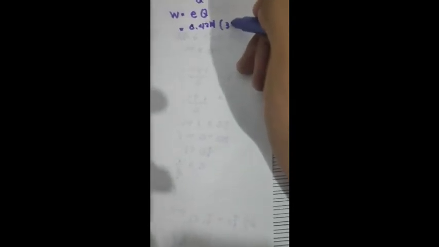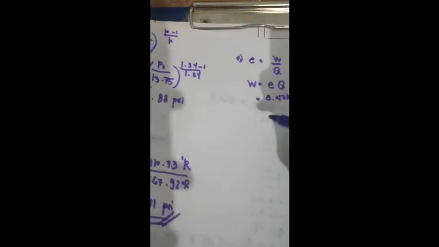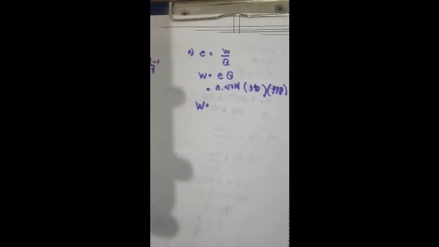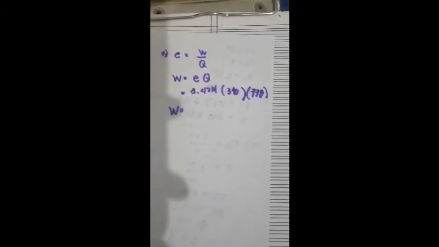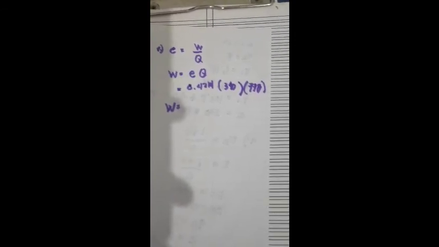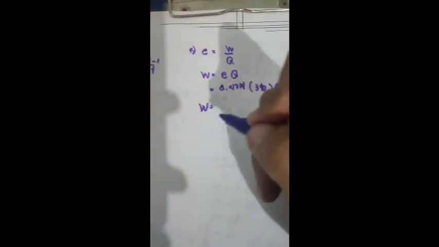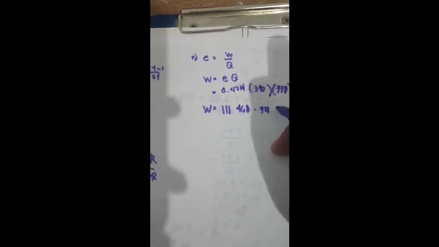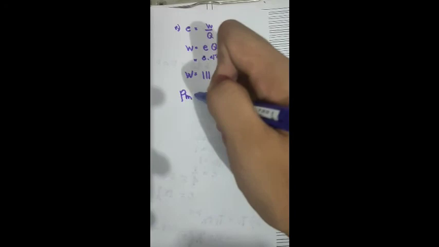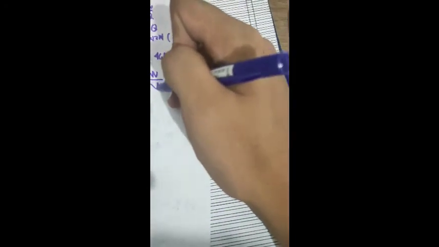Work is equal to E times Q. So it is equal to E, which is 0.4214, times 340 BTU times 778 to make it foot-pounds. So the work is 0.4214 times 340 times 778, which is equal to 111,468.728 foot-pounds.